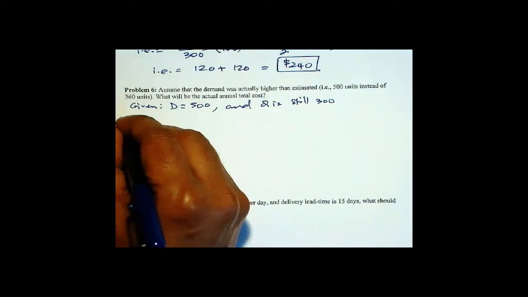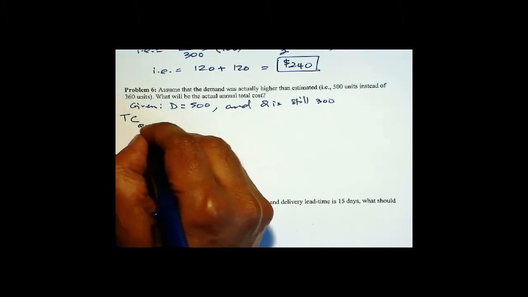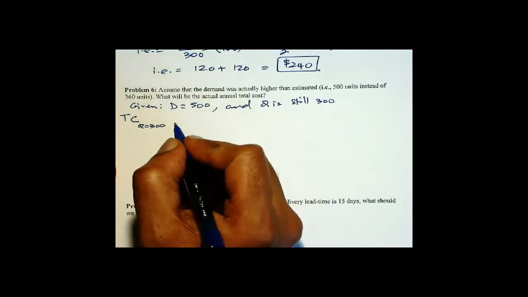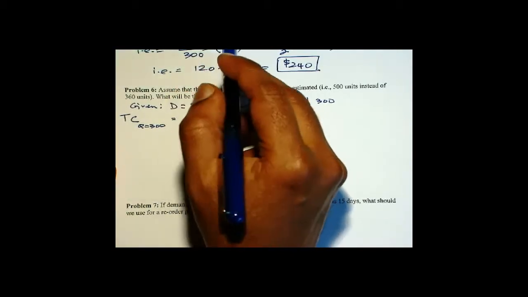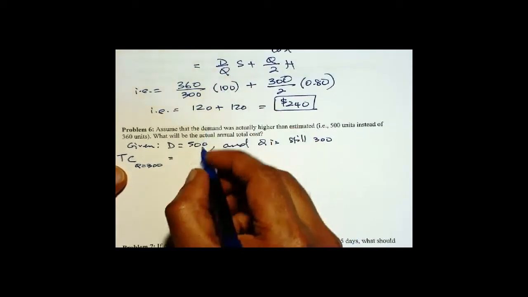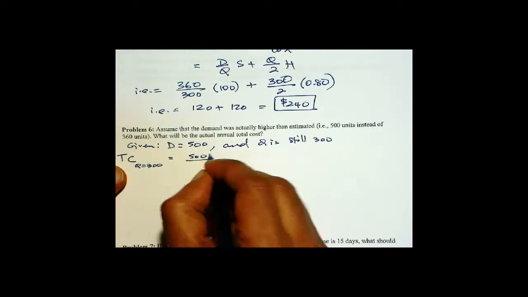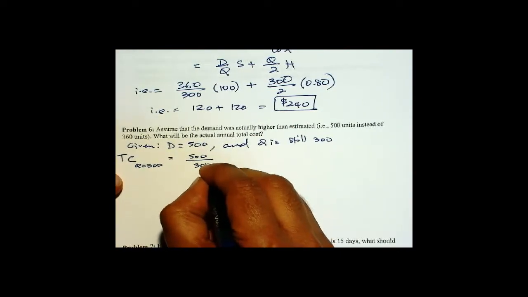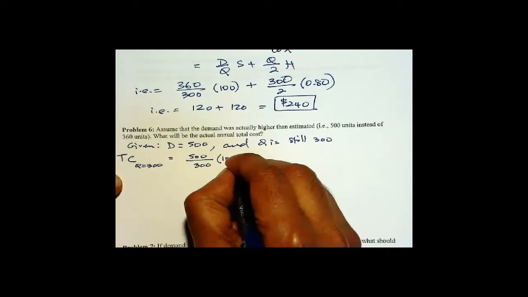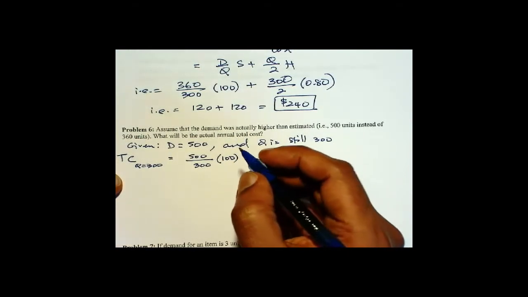Then the total cost with Q being equal to 300, so now it's going to be D over Q, where D turned out to be 500. So this is what our ordering cost turned out to be. Then our holding cost will still be the same as before. So our actual cost turned out to be 286.67.